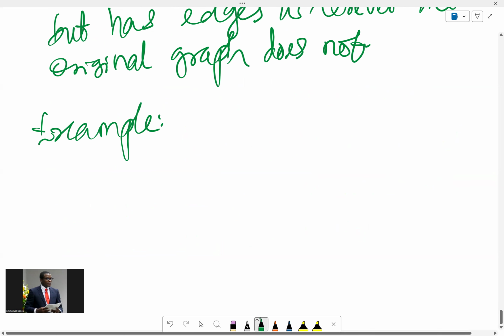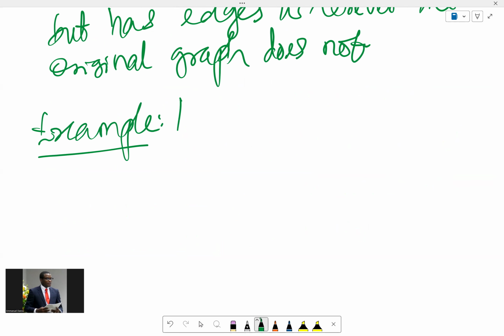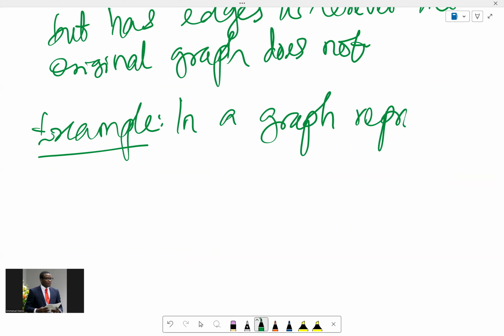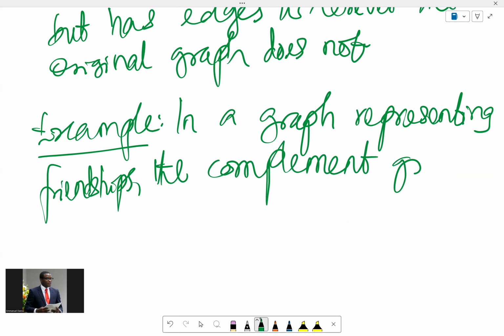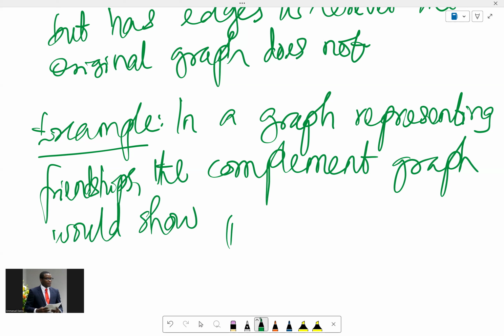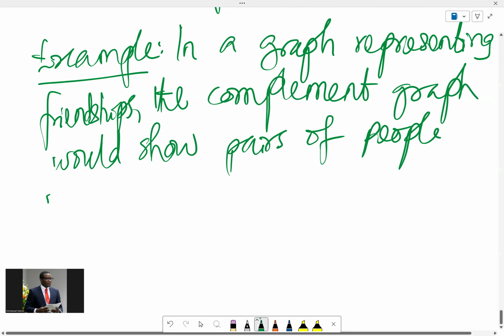A very good example of this would be a graph representing friendships. The complement graph would show pairs of people who are not friends.